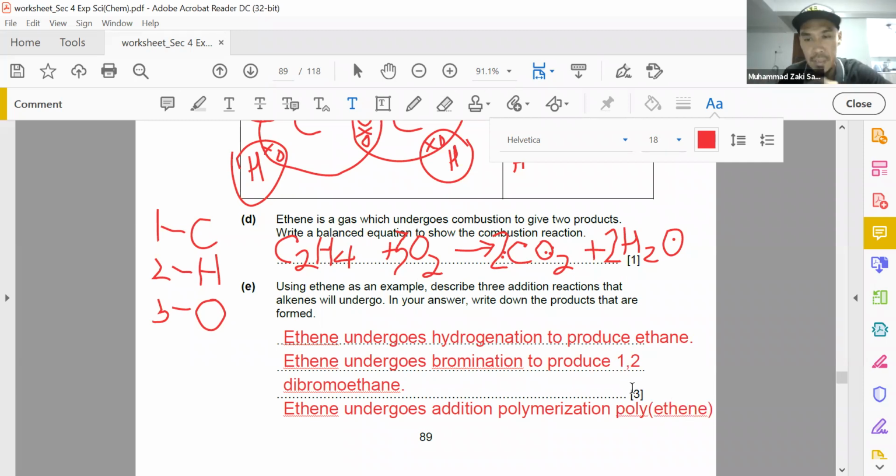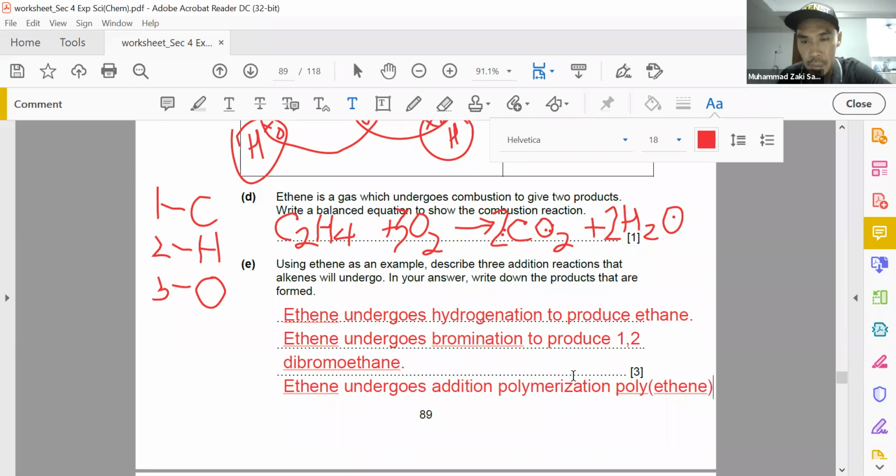The plastic that is used to make our shopping bags, the plastic bag that we always buy when we go shopping. We need to pack your groceries inside these polyethylene bags.